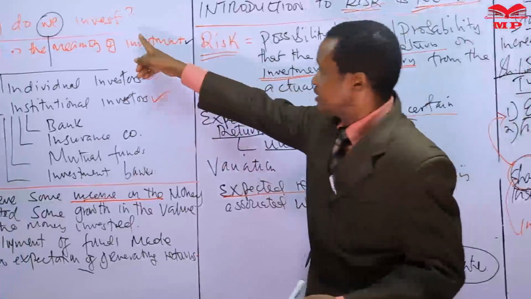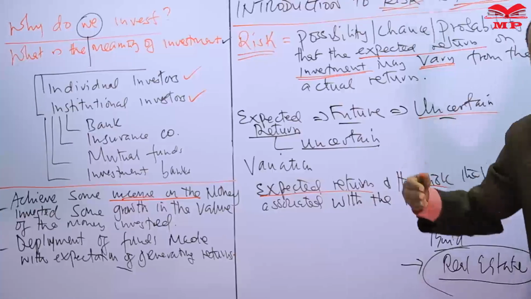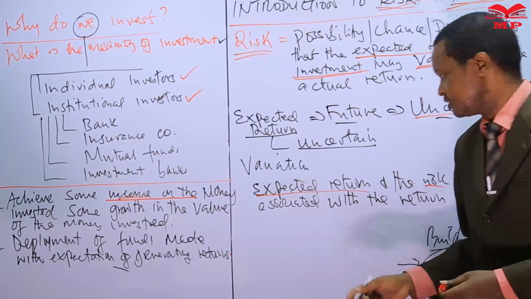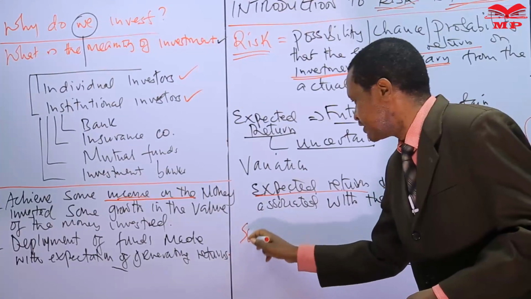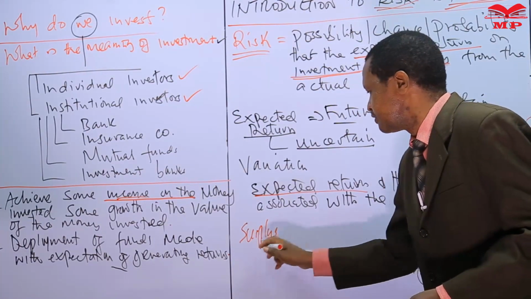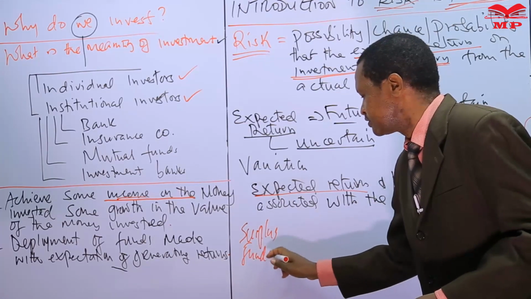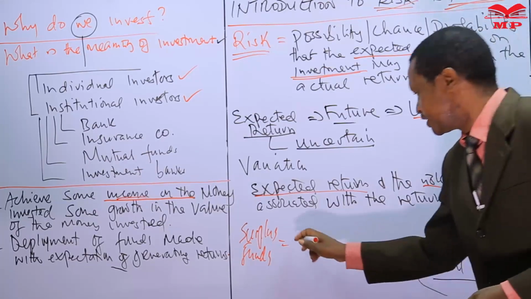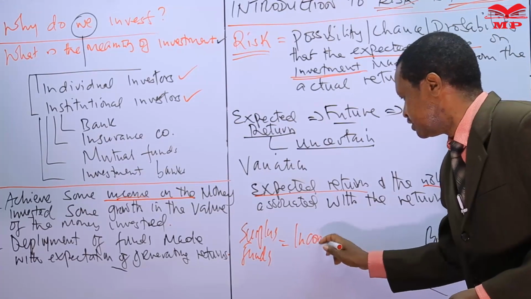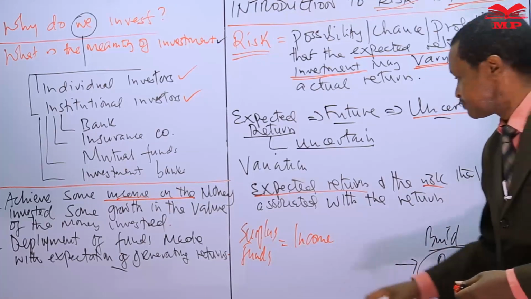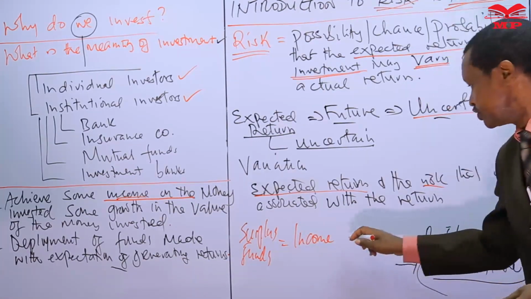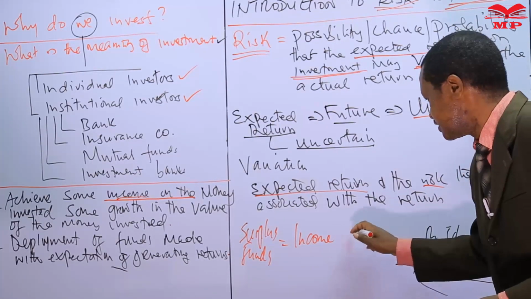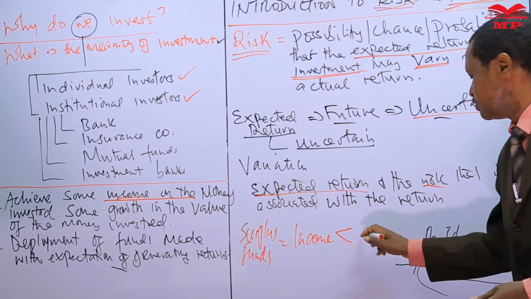Today we have also seen why we invest. Remember again, if you have surplus funds, how do surplus funds arise? Surplus funds arise when your expenditure is less than your income.